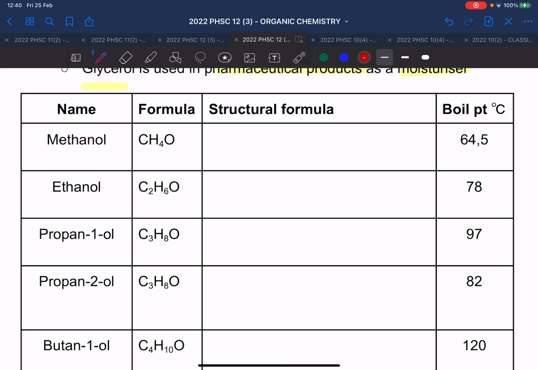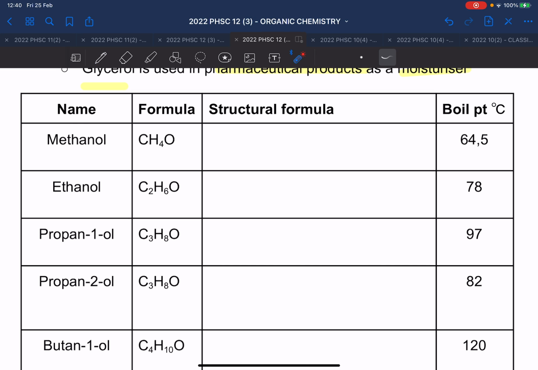That's a general formula. What is a structural formula? It's where you show each and every bond. That is a structural formula.